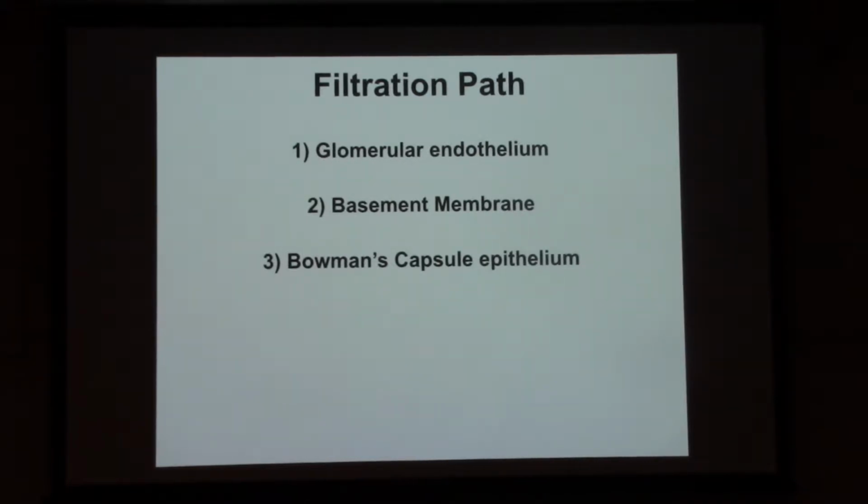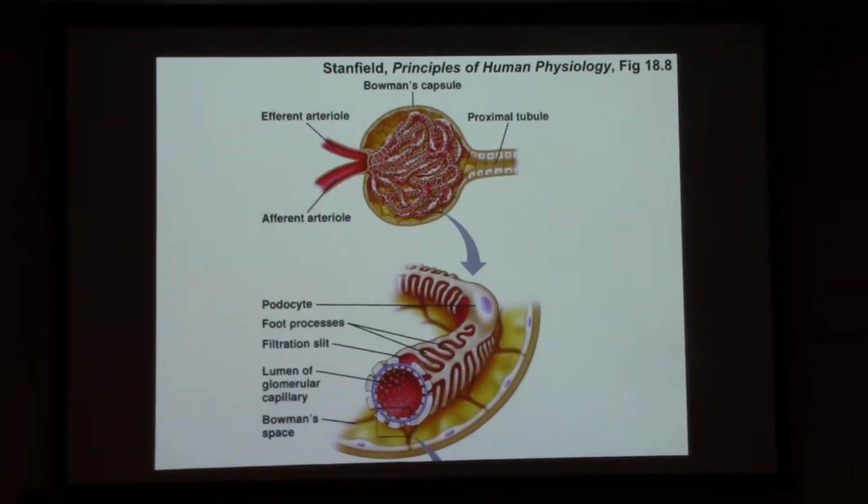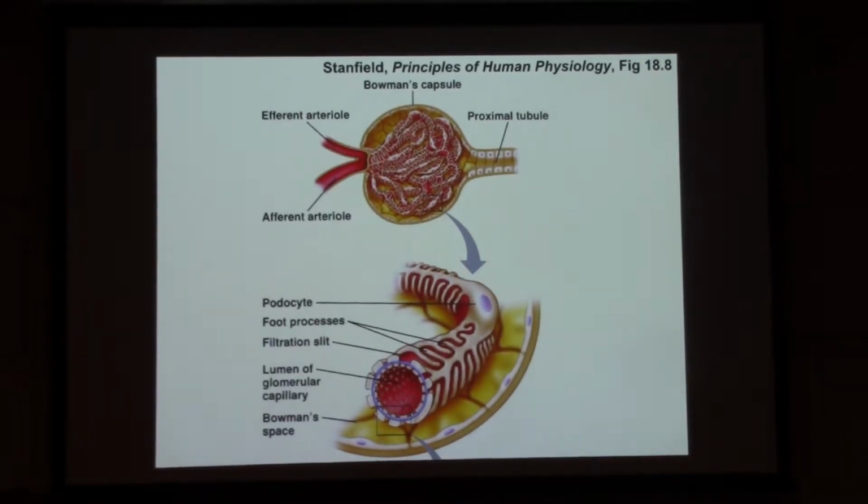Okay. Let's look at a drawing that shows this. At the top here we have the glomerulus in red that's surrounded by Bowman's capsule in yellow. Bowman's capsule, remember, is surrounding this ball of capillaries. If my right hand is the glomerulus, that's the ball of capillaries, you've got this capsule around it.